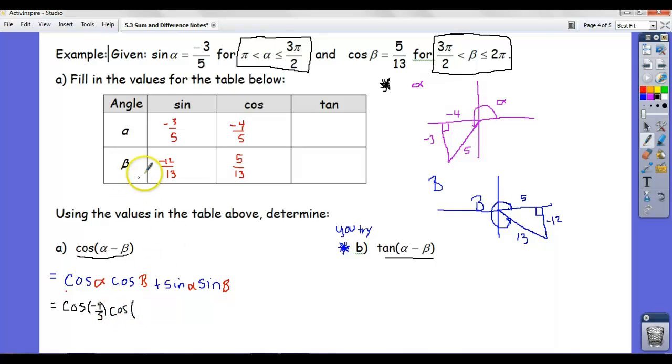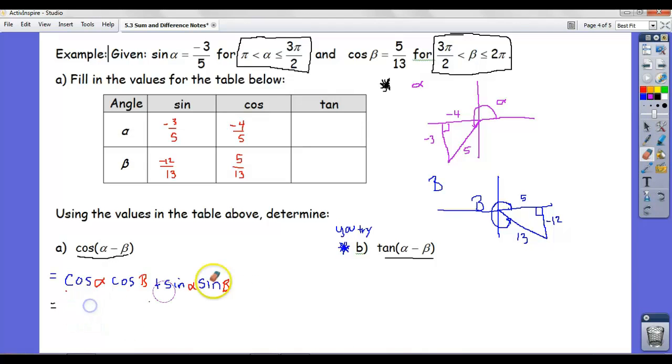This is an example of what not to do. Cosine of beta is 5/13. If you, at this point, don't understand what's wrong, look carefully. This chart is supposed to tell me that the cosine of beta is 5/13, not beta. Beta is an angle, we don't know what it is. So we're not substituting the 5/13 in for the beta. So let's get that off the page immediately.